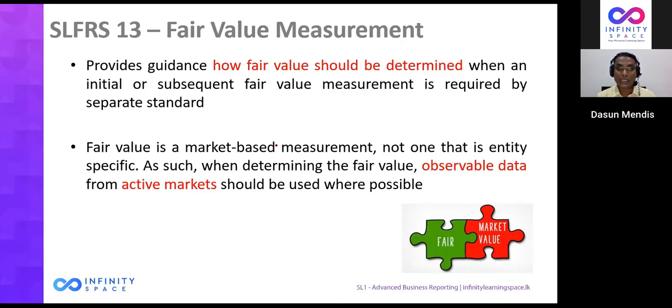How the fair value is determined is guided by the special standard on fair value measurement, SLFRS 13. So the role of SLFRS 13 is that when a separate standard requires an item to be measured at fair value, SLFRS 13 provides guidance on how to fair value the item.